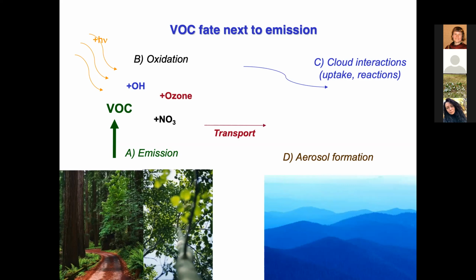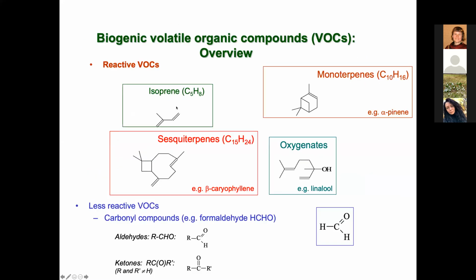If we go a little bit more into detail, what are these VOCs? Isoprene is the most important one. It's about 40% of all emitted VOCs. It's a C5H8, so it has 5 carbon atoms and 8 hydrogen atoms. And if you multiply that by 2, you come to a monoterpene, a C10H16. So in the plant, the tree forms isoprene, and based on this, it can put together 2 isoprenes and form a monoterpene.